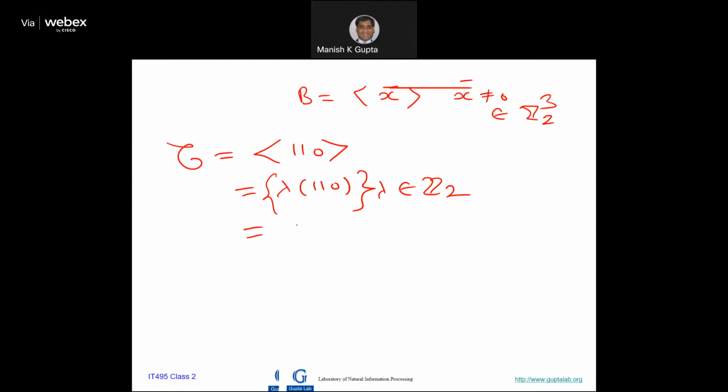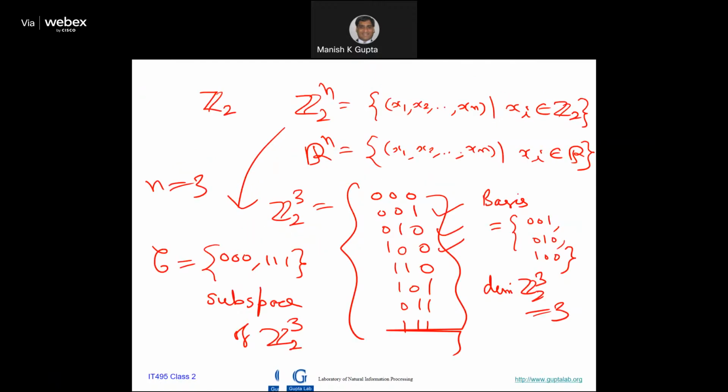This means 0, 0, 0 and 1, 1, 0, two vectors only, right? A one-dimensional subspace. If I take some other vector, there also, because one dimension means lambda times, there is only one scalar. Two dimensions means, you remember, two scalars are involved in generating the vectors. Three dimensions means three scalars are involved, lambda 1, lambda 2, lambda 3, right? So now this is one dimension. Now let us look at the other ones.